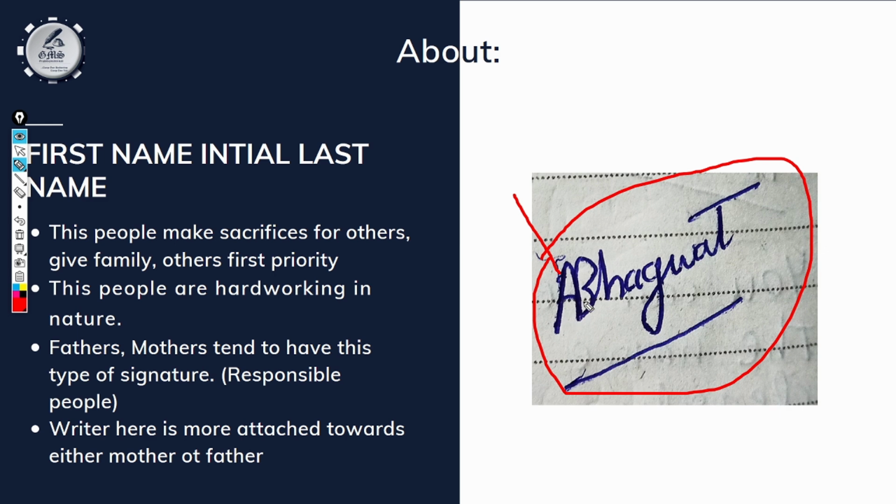Now remember, these people also tend to be more attached to their mother or father or both, because they have their surname attached to it. Now here you can see the gap. I will tell you about the gap in another video, yet let's get an intro of it.